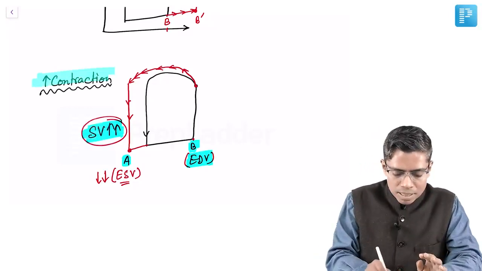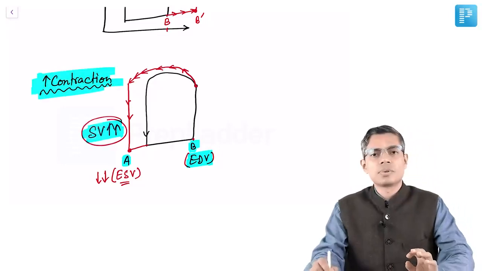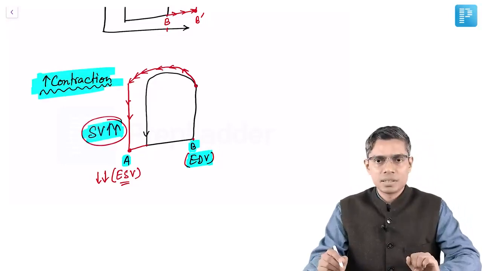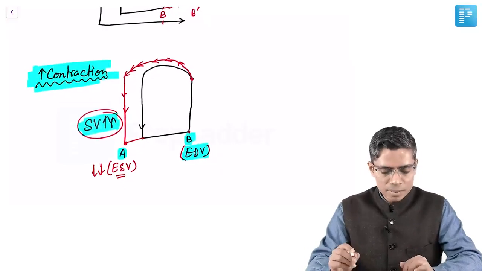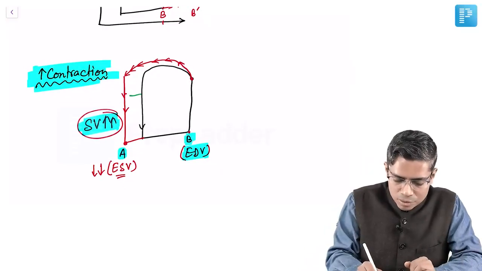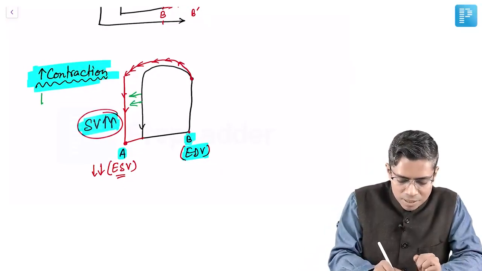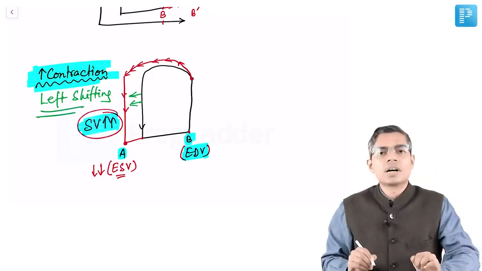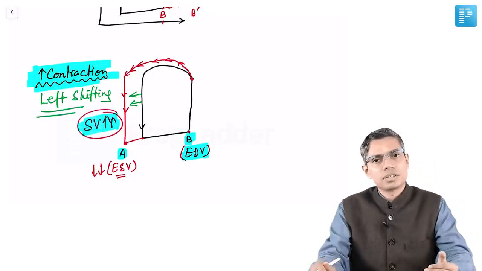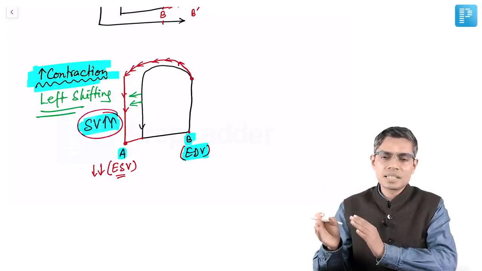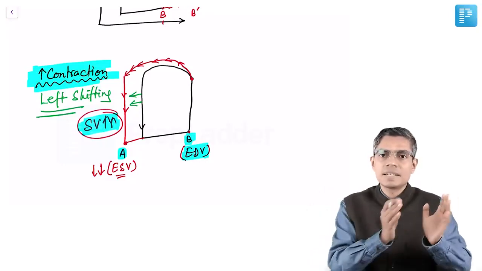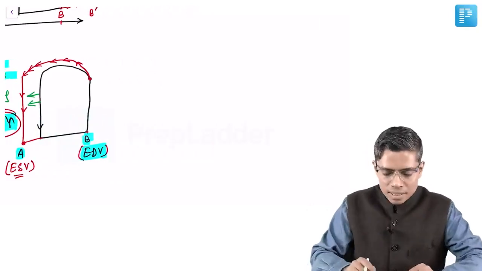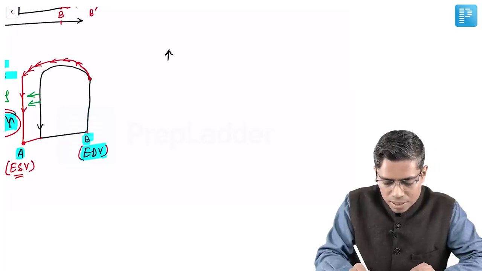And we all know that increased contractility, increased force of contraction, means stroke volume increases. So this is also explained by the same kind of curve. This kind of shifting is known as leftward shifting of the curve. So please remember, left shifting occurs due to increased force of contraction. So increased end diastolic volume, right shifting; increased contractility, left shifting.